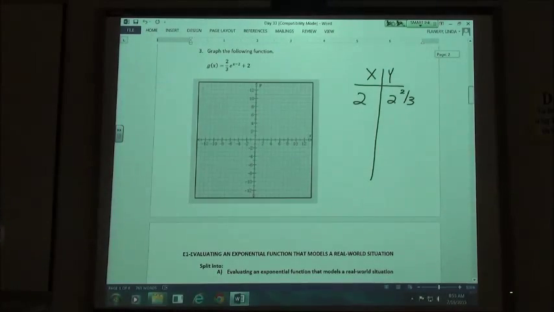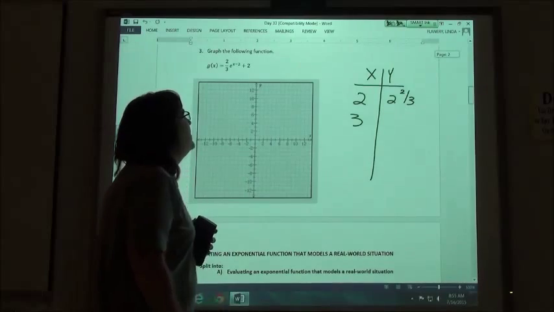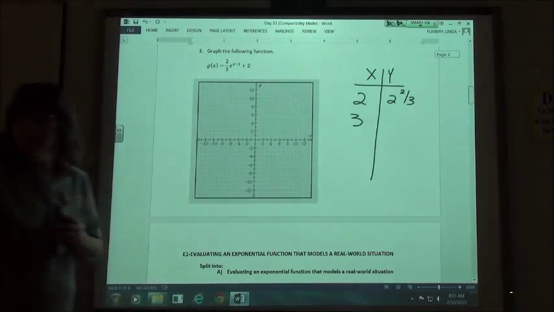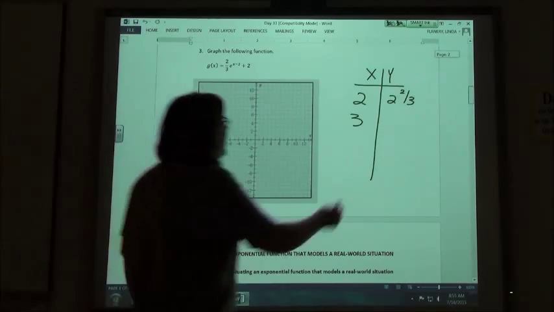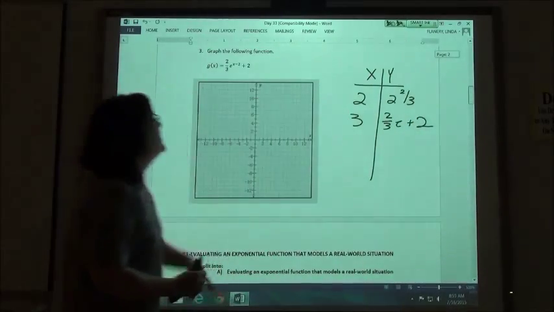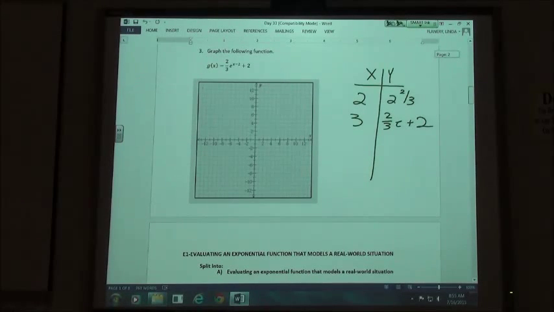Then we're going to put what in for x? 3 in for x, and for y then we're going to have 2/3 e plus 2. So basically it's just getting rid of that exponent because it's making it to the first power where we don't have to put to the first in there.